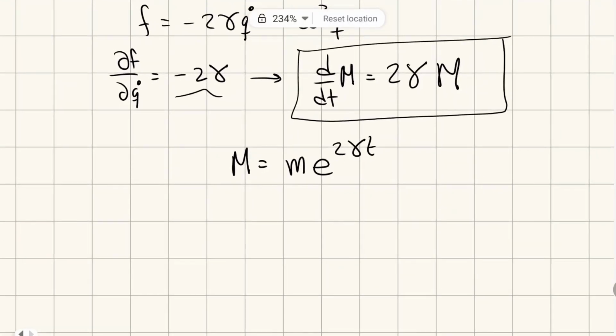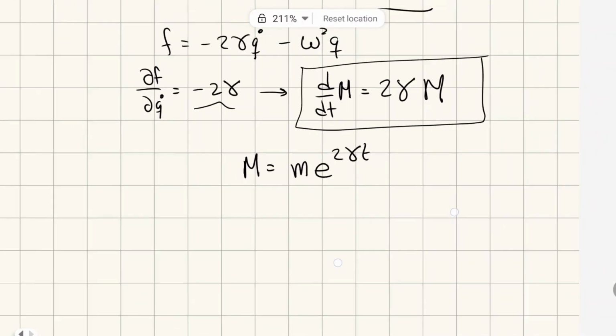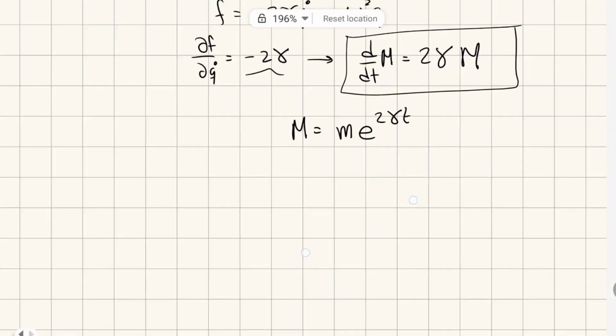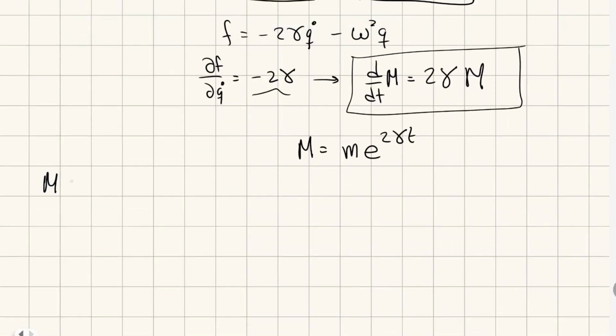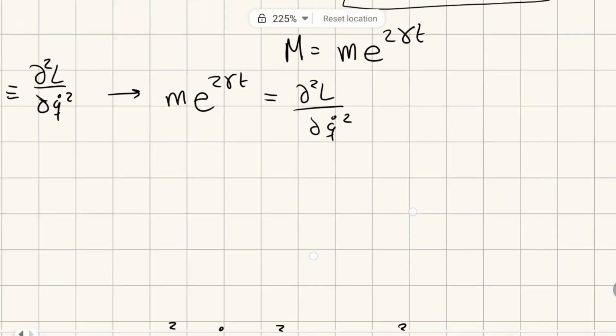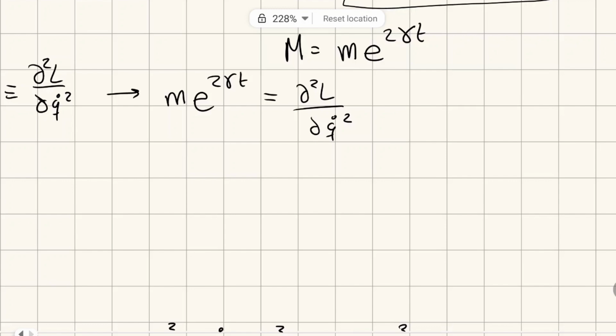Perfect. So looking that we already found m, and we know that m was defined as the second partial of L with respect to q dot, this means that m e to the 2 gamma t is equal to the second partial of L with respect to q dot squared. Remember that the main goal of this process was to find a Lagrangian corresponding to a differential equation.